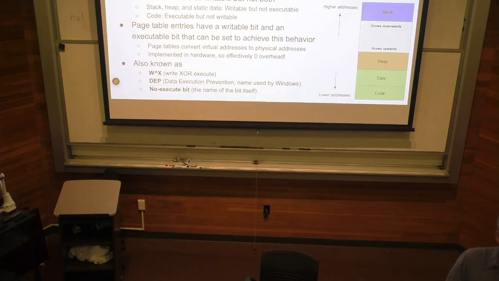If the program wants to change it, it has to call the operating system and ask it to make the change. You could think the attacker could call the operating system to mark the stack as executable and then execute shellcode there. But to do that, they would first have to get the program to call the operating system, which requires executing code, but they can't execute code until they mark the stack executable, so they kind of can't.